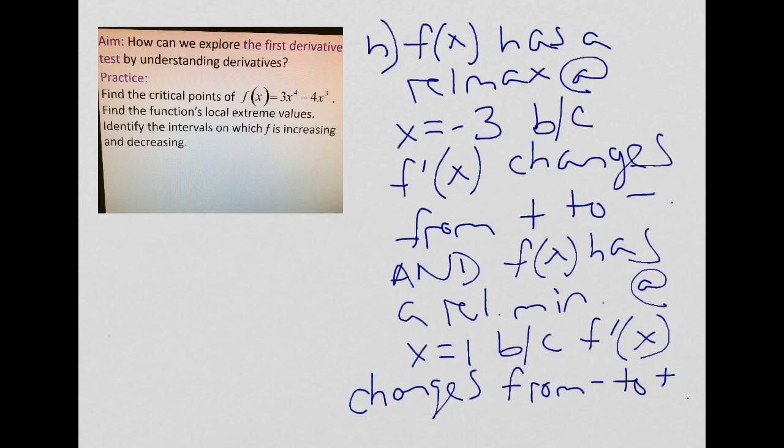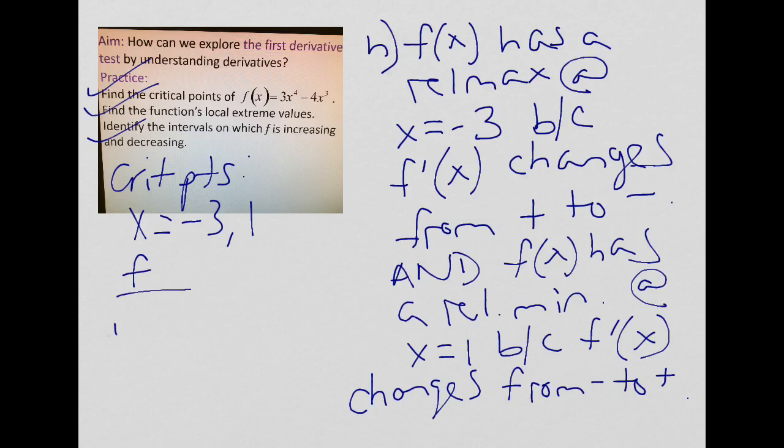So we found the critical points. And if you want, you can just clarify that was x equals -3 and 1. And we just wrote out our whole detail for the local extreme values. Relative is another word for local. And it asks for the intervals where f is increasing.